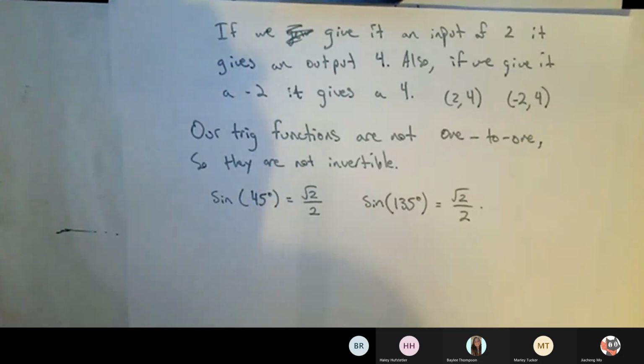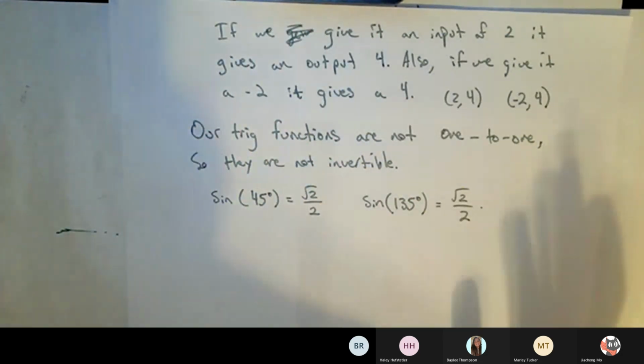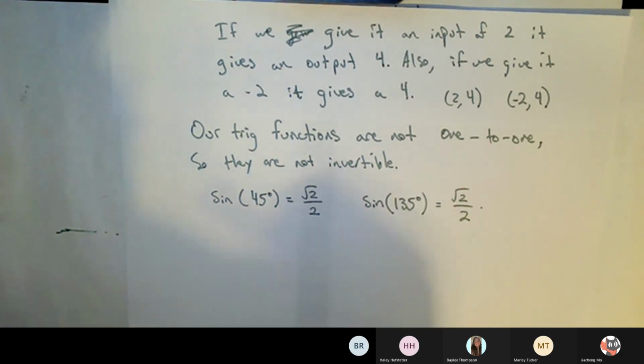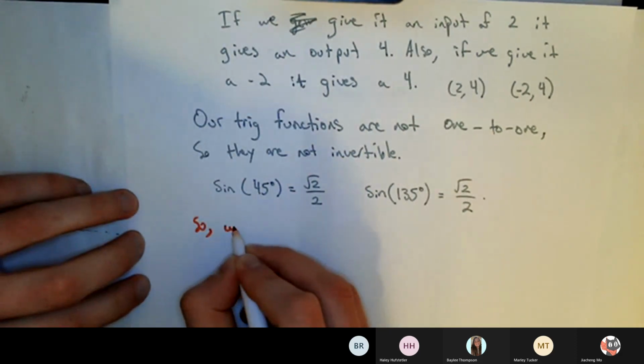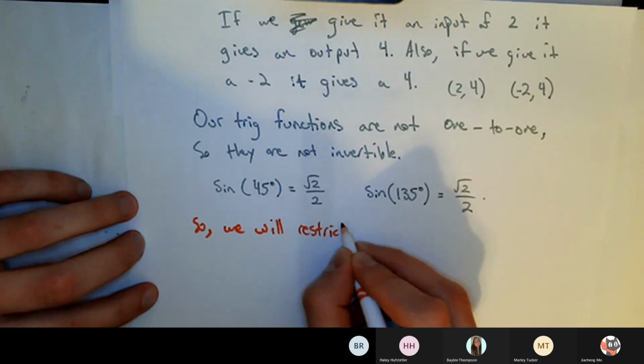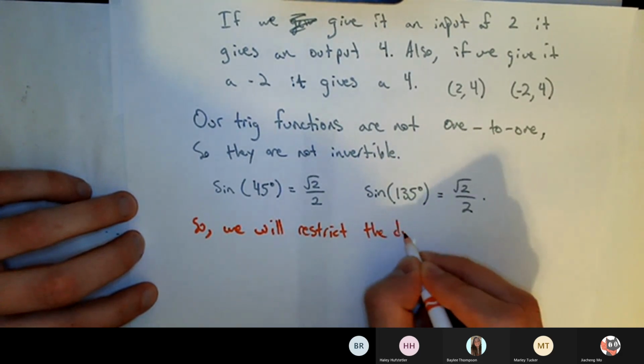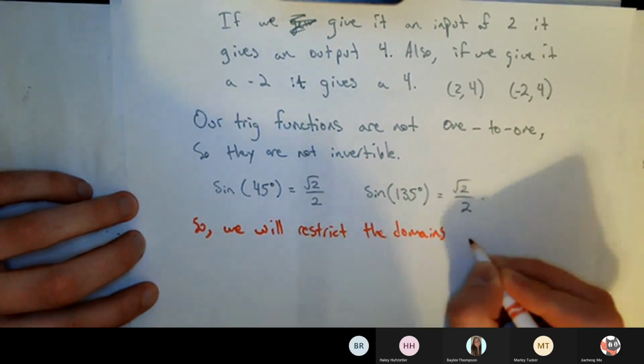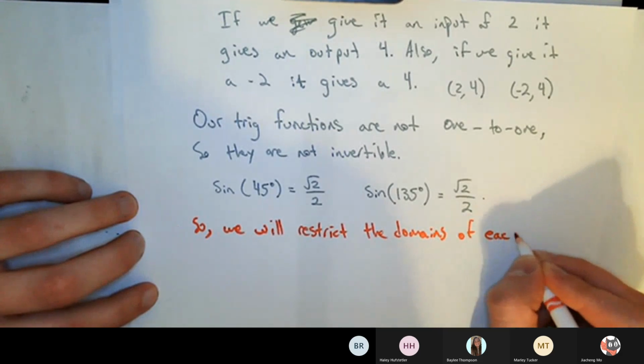So what do we do? This section is called inverse trig functions. So what do we do? We will restrict the domains of each trig function.